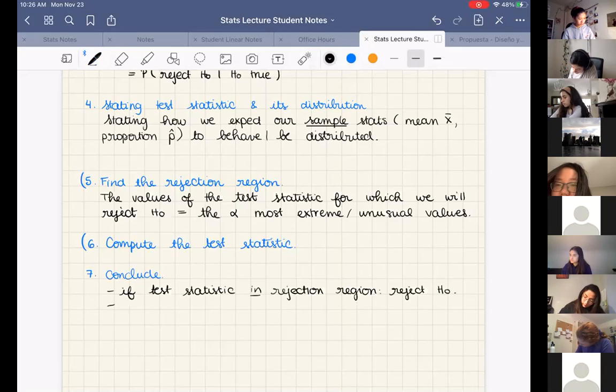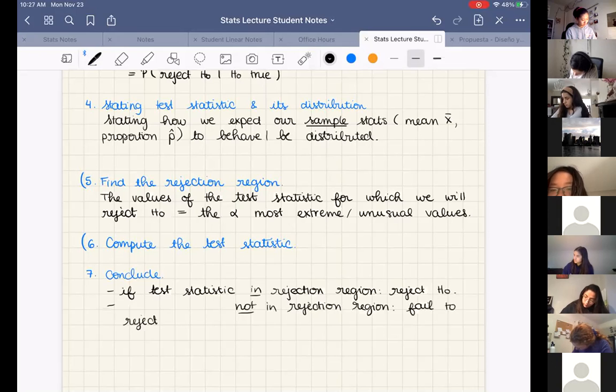But if the test statistic is not in the rejection region, then we say that we fail to reject H0.